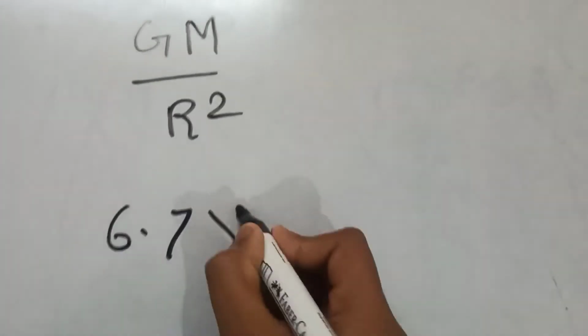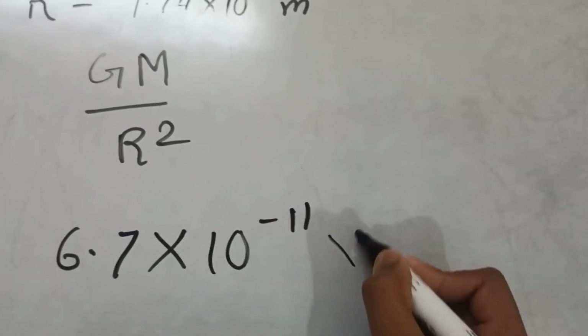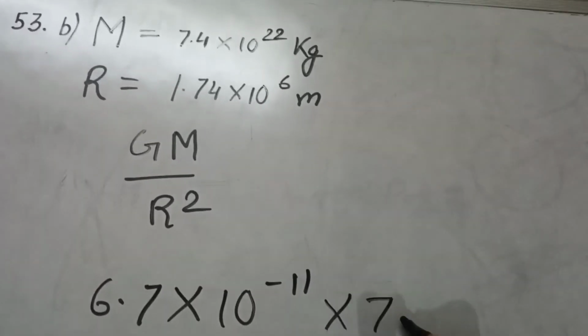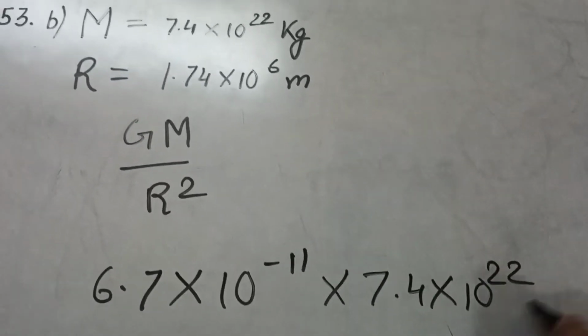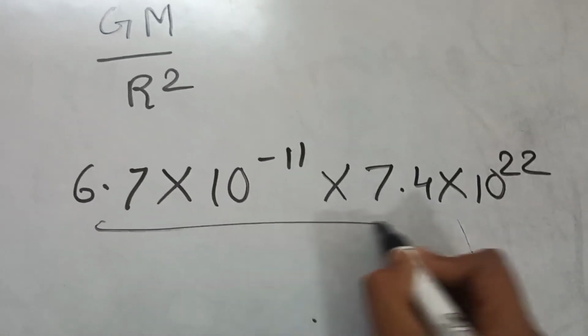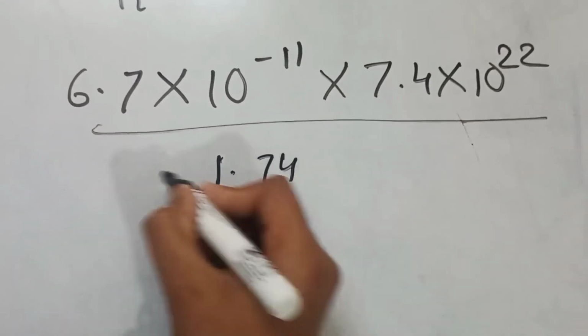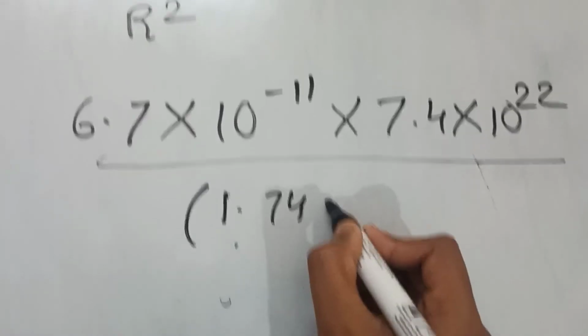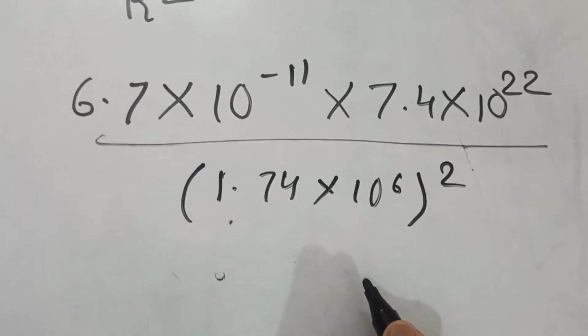6.7 into 10 to the power minus 11 into 7.4 into 10 to the power 22 divided by 1.74 into 10 to the power 6 whole square.